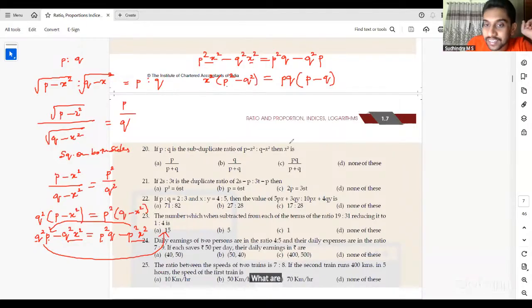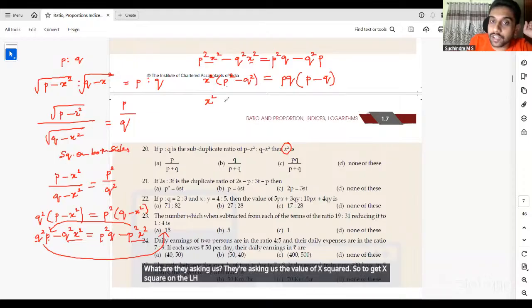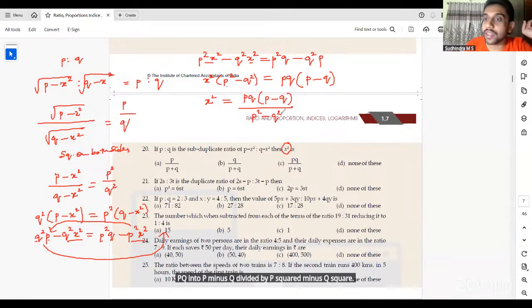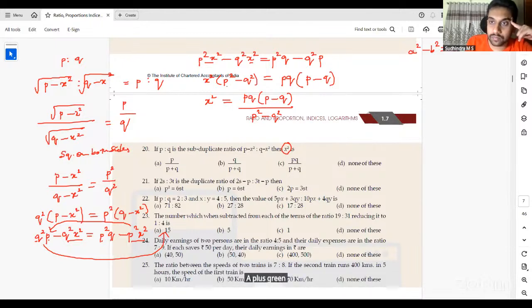What are they asking us? They're asking us the value of X square. So to get X square on the LHS, I have to send this to the RHS. PQ into P minus Q divided by P square minus Q square. We would have learnt one expansion: A square minus B square is equal to A plus B into A minus B. Very good.